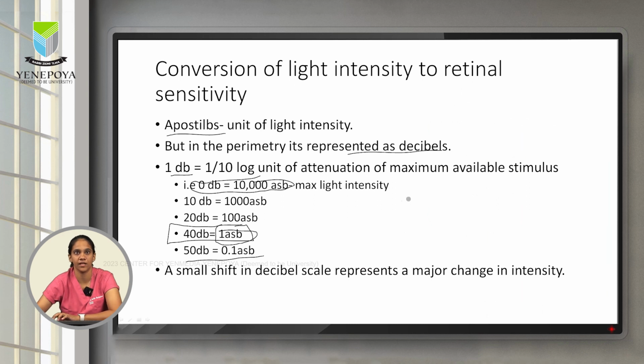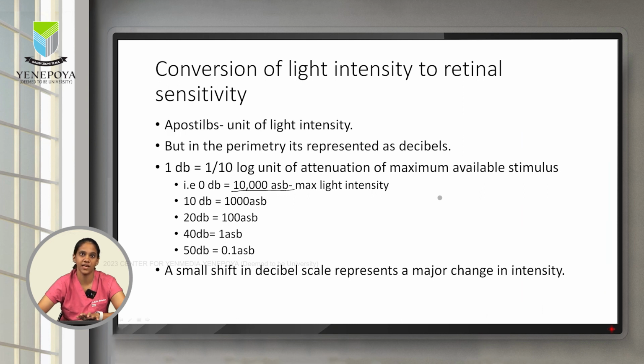I'll show this slide again. So 10,000 ASB is the maximum stimulus. If a patient is able to see a stimulus only at the maximum light intensity, then that means the retinal sensitivity is low, right? And if the patient is able to see at the minimum intensity, the dimmest light, that means their retinal sensitivity is high. So when you say 10,000 ASB in perimetry, you mean that the sensitivity is bad.